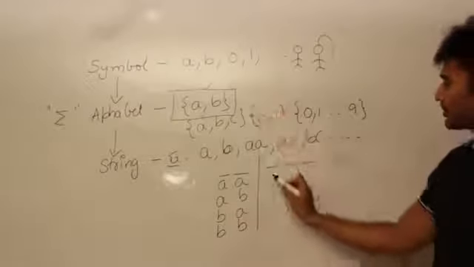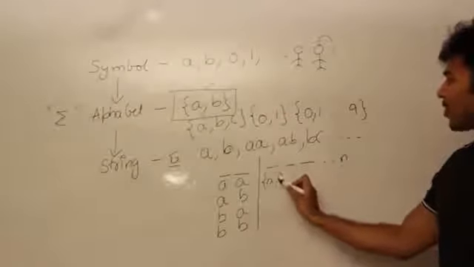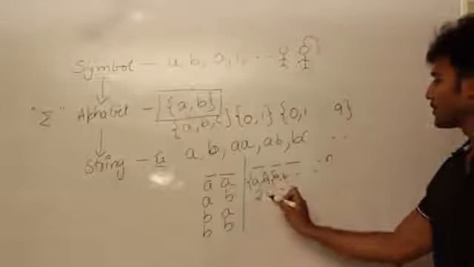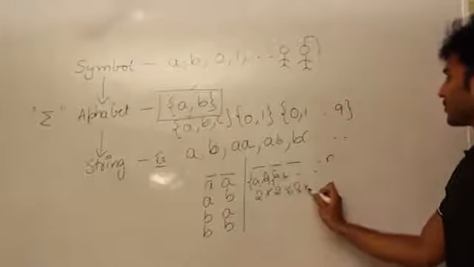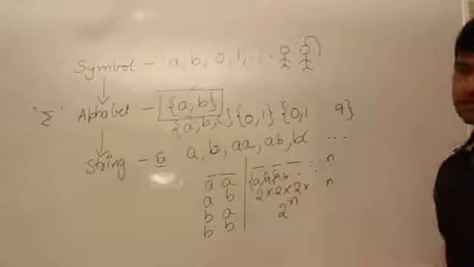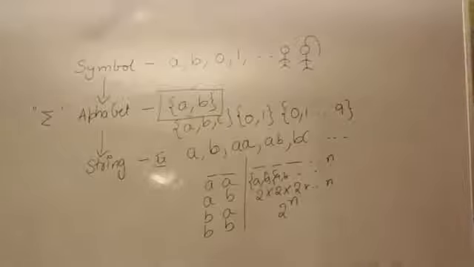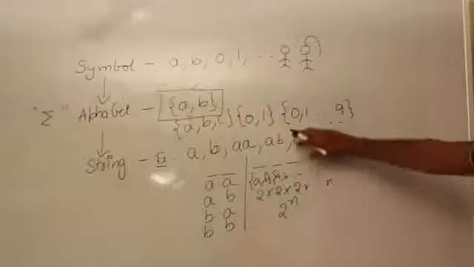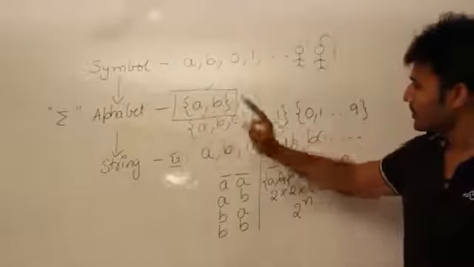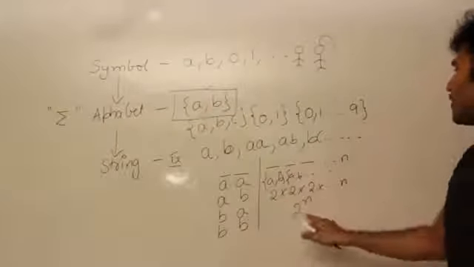So what are the two options? Either a or b, either a or b, and so on, which means 2 into 2 into 2 and so on, n times, which is 2 power n. So in fact you can even extend this concept to any alphabet. Since we have only 2 symbols in this alphabet, we have got 2 power n.